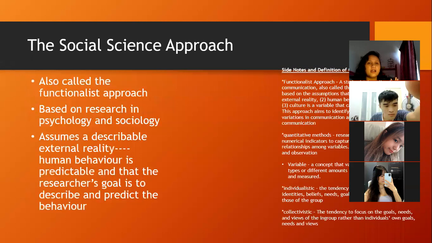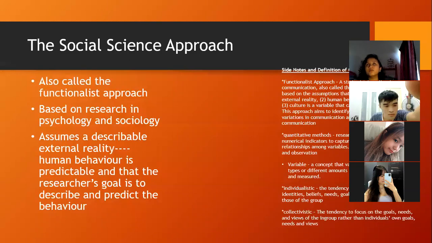The social science approach, also called the functionalist approach, describes external reality. It assumes human behavior is predictable, and the researcher's goal is to describe and predict behavior.